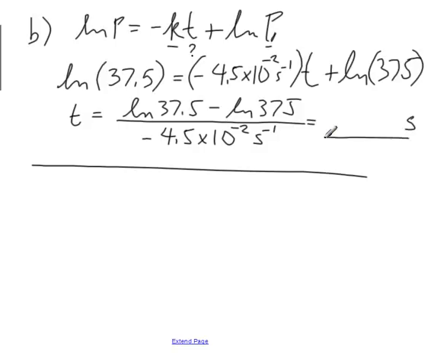It gave us the initial pressure, 375 torr, and it says how long will it take to decrease to 1/10 of its starting value. So 1/10 of 375 is 37.5, so that's my p at time t. So now I've put those numbers in, and I'm looking for t. How long will it take?